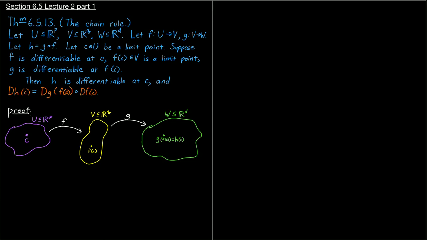We're going to grab another point X in U, which maps to a point F of X somewhere in V, which maps to a point H of X somewhere in W.